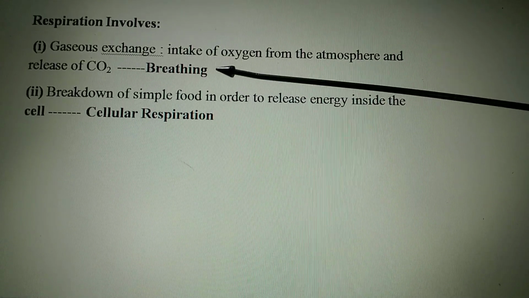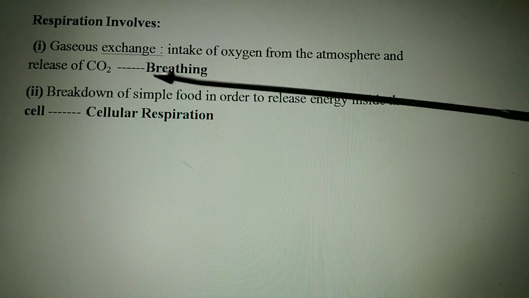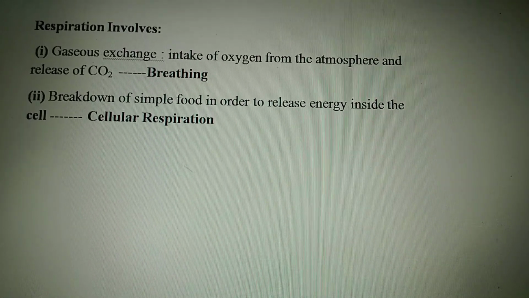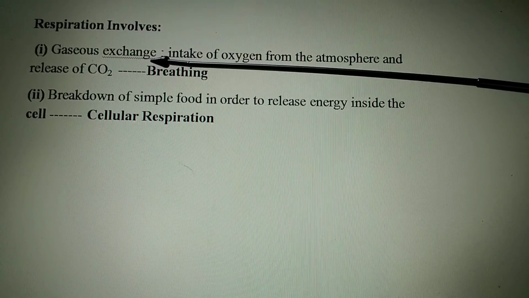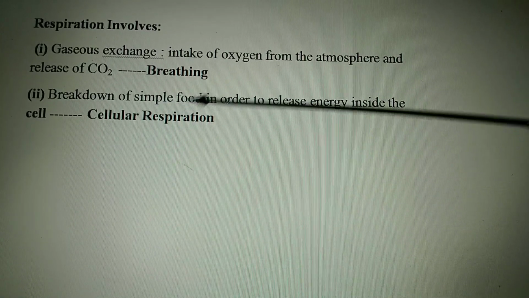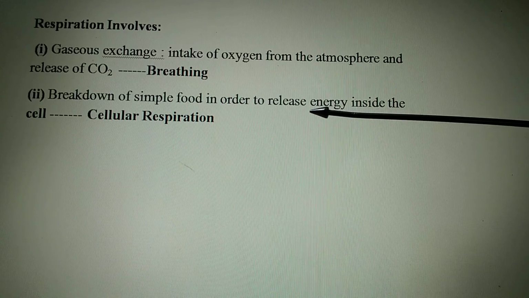Breathing is intake of oxygen from the atmosphere and release of carbon dioxide into the atmosphere. That is, breathing involves only the gaseous exchange of carbon dioxide and oxygen. On the other hand, respiration is the breakdown of the food in order to release energy inside the cell.